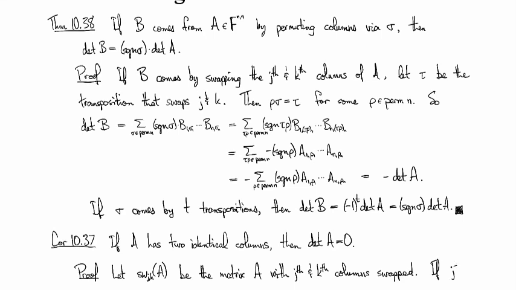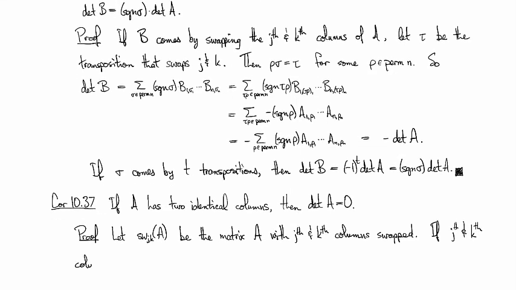If these columns are identical, then what we have is the determinant of A is going to equal minus the determinant of the swapped matrix, and this one comes by 10.3.8 that we just proved.